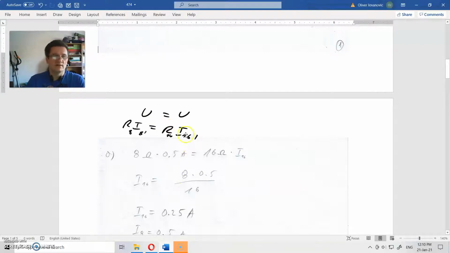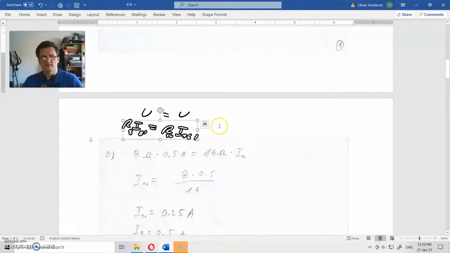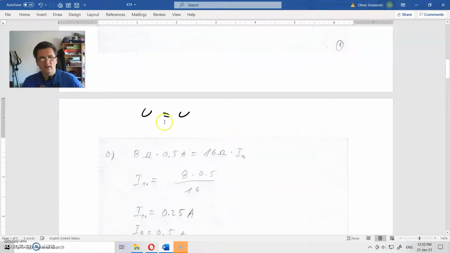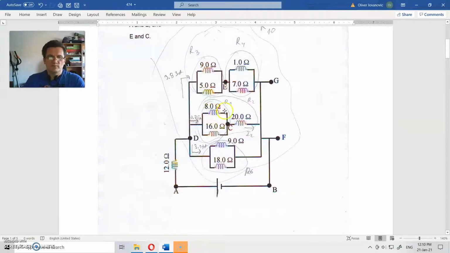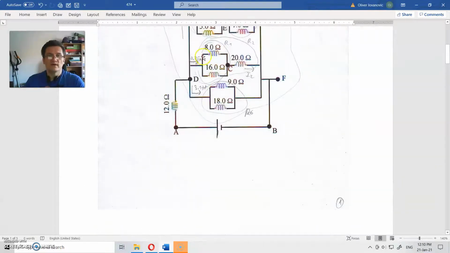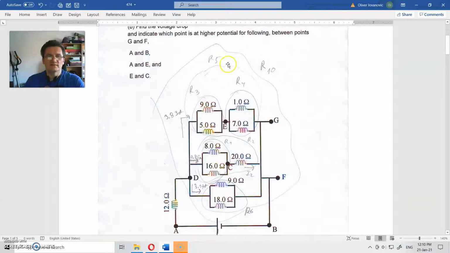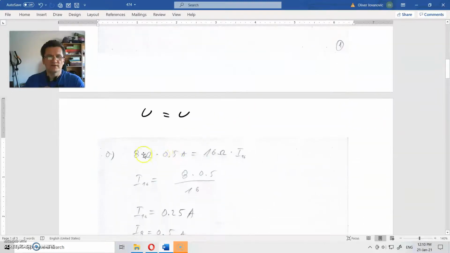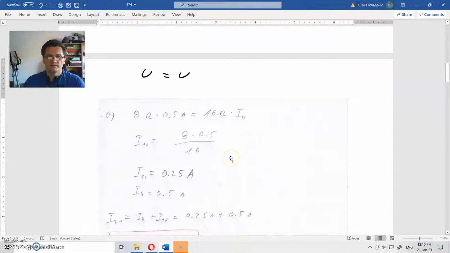So voltage is the same as I said before. Voltage between those 2 points is the same as between those 2 points because they are in direct connection. So U is equal to U, and 8 ohms times 0.5 amperes is equal to 16 ohms times this unknown current. And from here, this unknown current is 0.25 amperes.